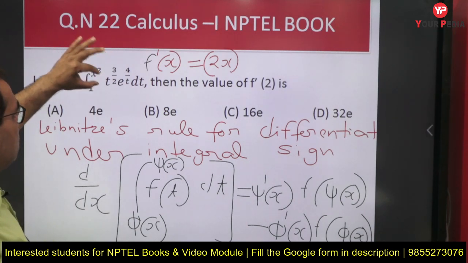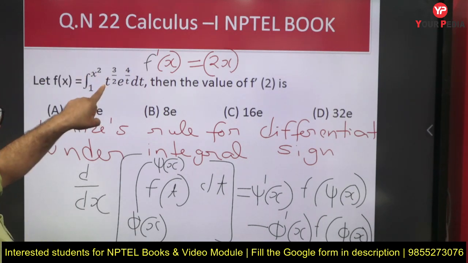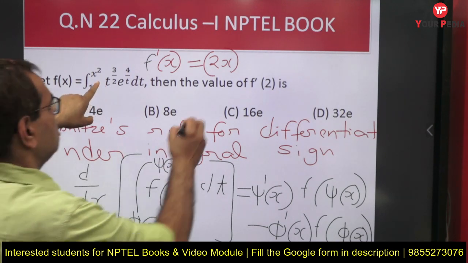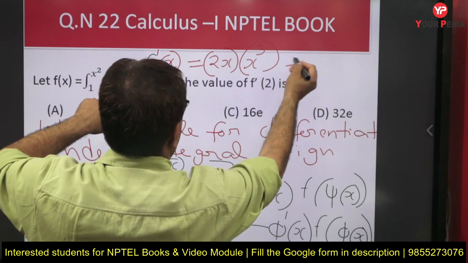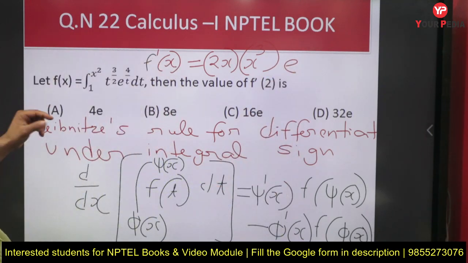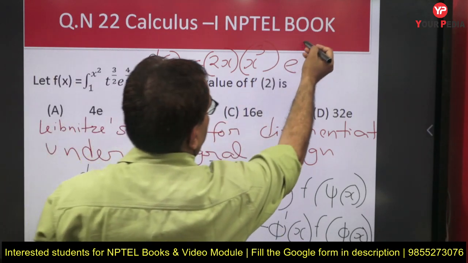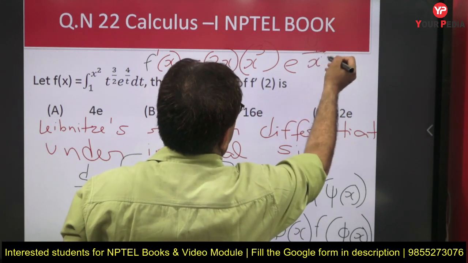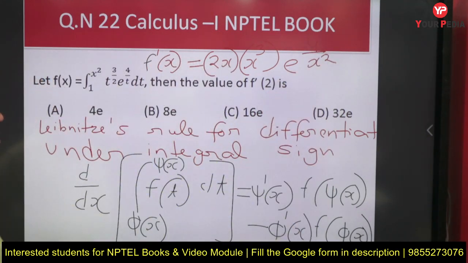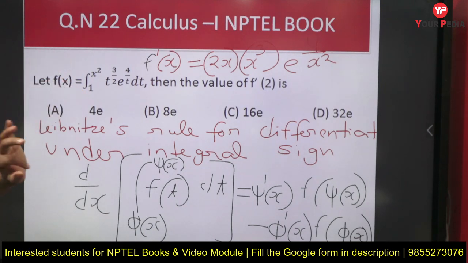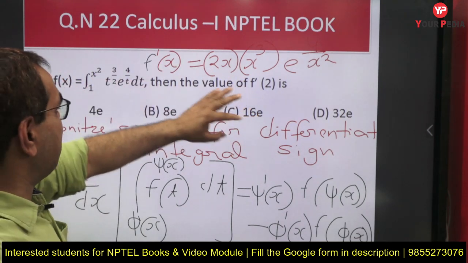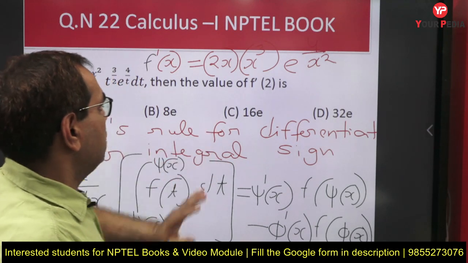So x square to the power 3 by 2 becomes x cube, into e to the power 4 upon x square, e to the power 4 divided by x square. Then minus the derivative of 1 with respect to x, which will be 0, since 1 is a constant and its differentiation is 0. So this is the resultant f dash x.